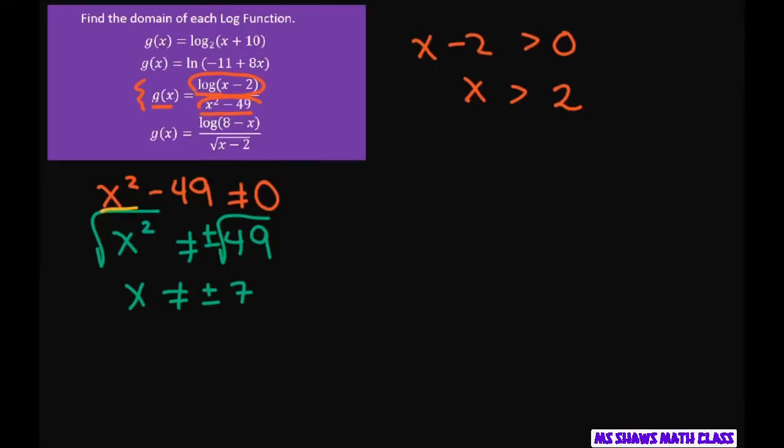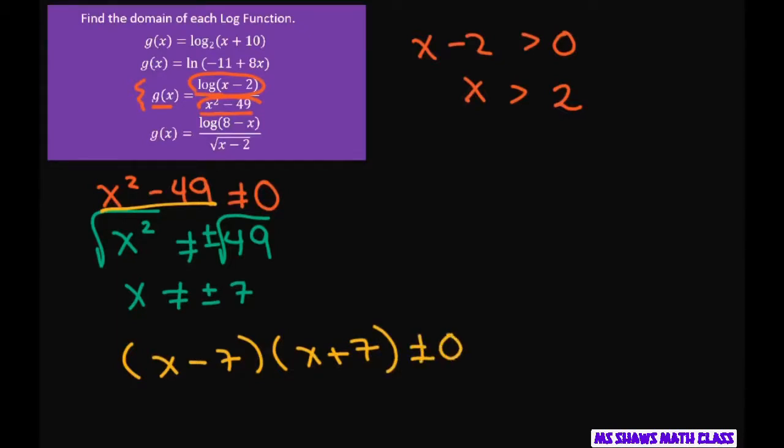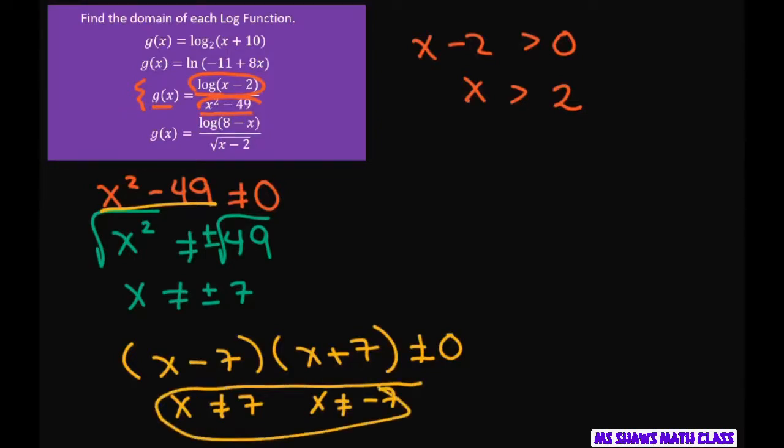Or what you could have done is just factor that with your difference of squares. I just expanded that binomial, and I get x can't be 7, x cannot be negative 7, which is what we got here.